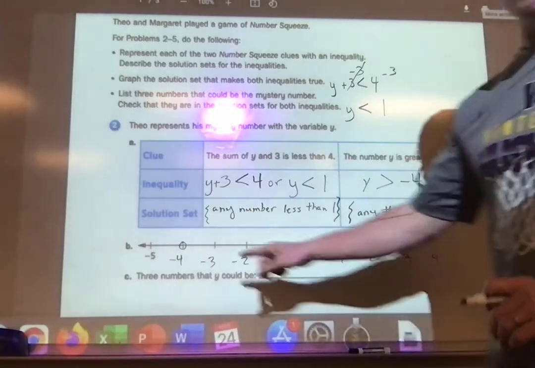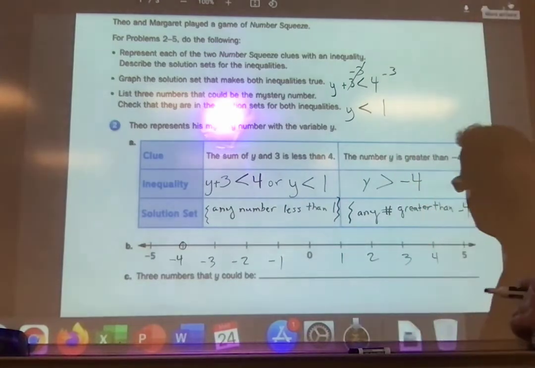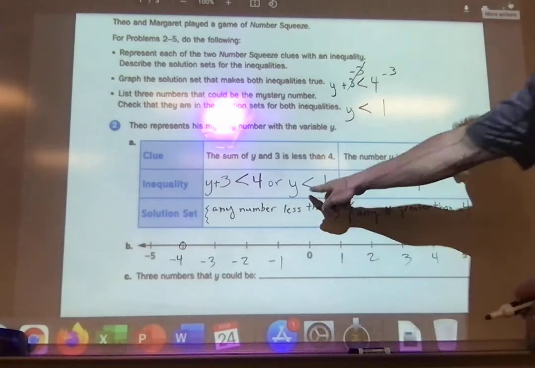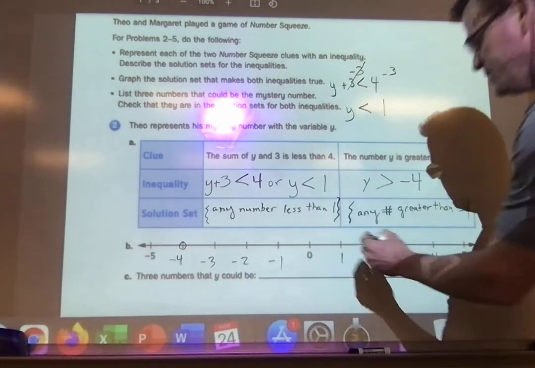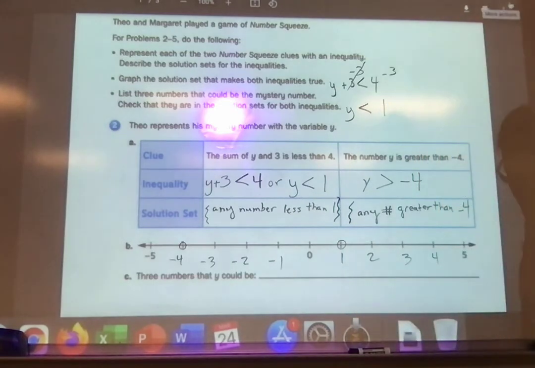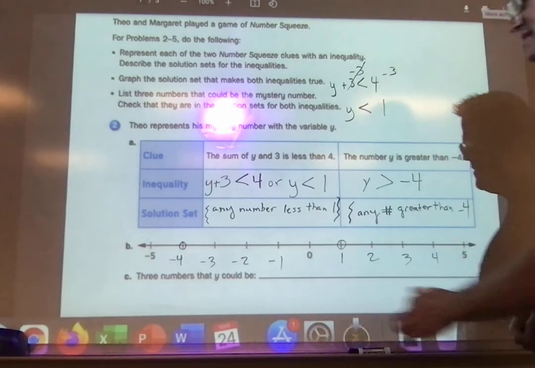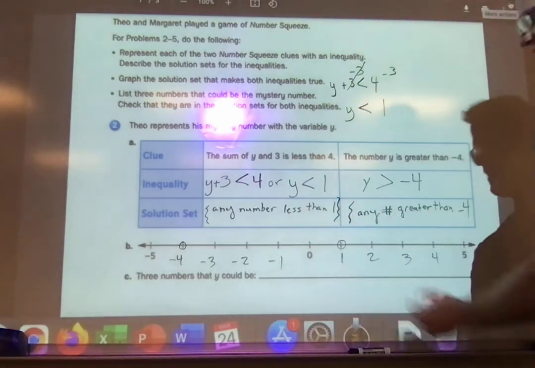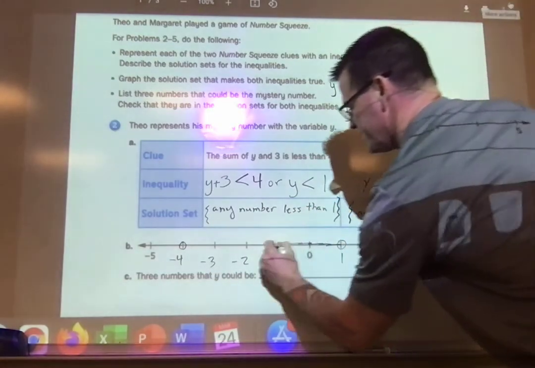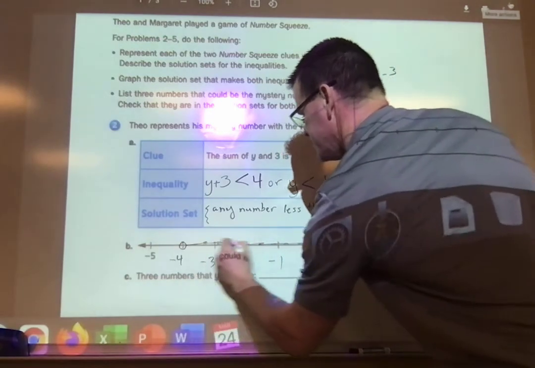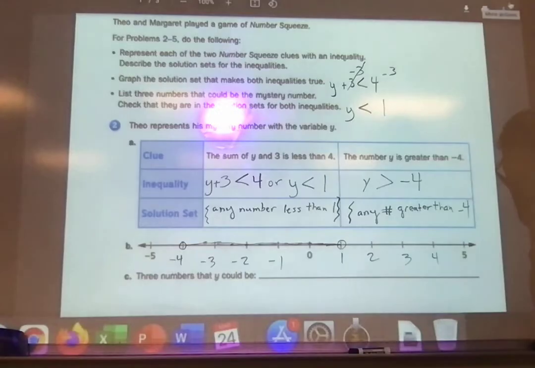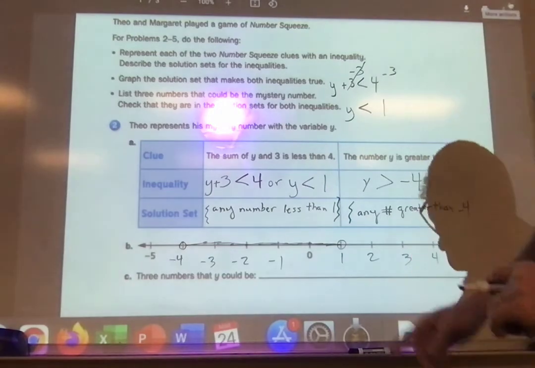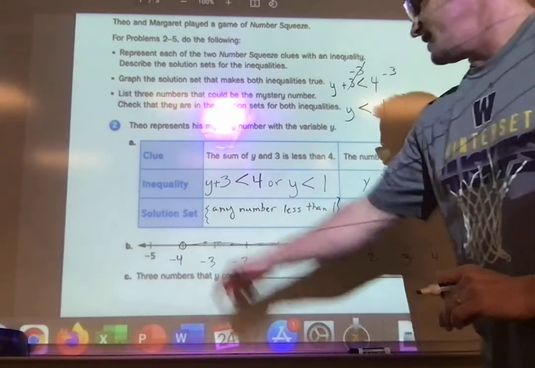It has to be greater than, so that's where I start from. At the same time, it has to be less than 1. Again, open circle on 1. So it's any number less than 1 and any number greater than -4. We shade in everything in between and connect. Any number in here could be that mystery number, any number between 1 and -4.